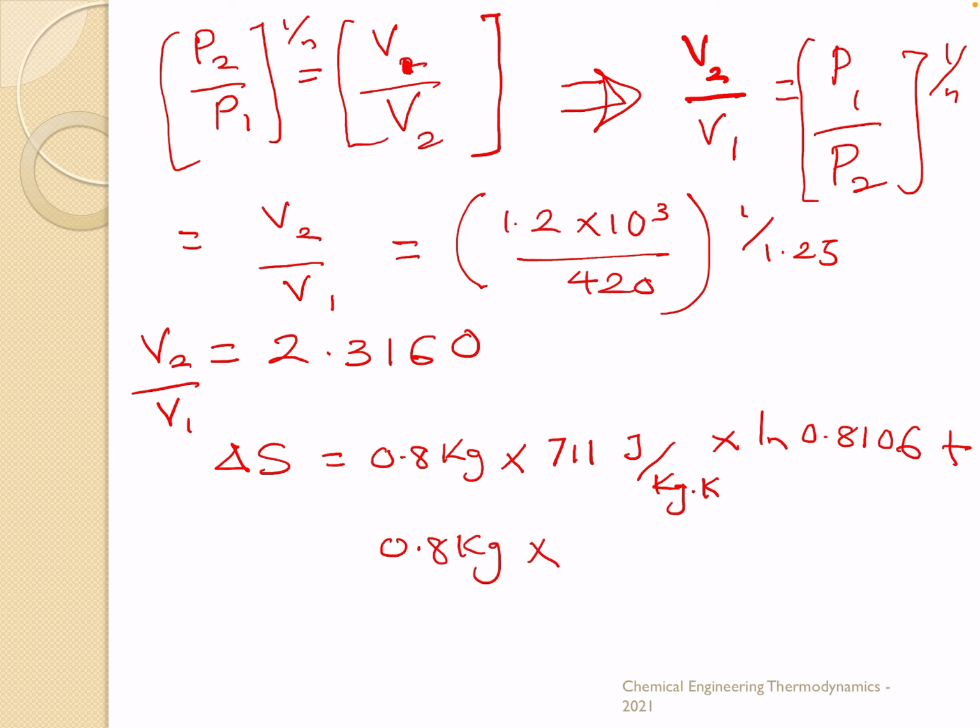We have our R value, which is 294 joules per kilogram K. And then we have it multiplied by ln V2 over V1, which we have here, ln 2.3160.